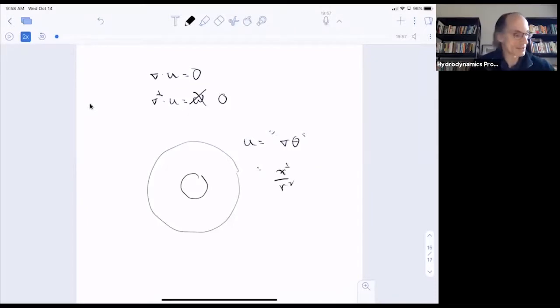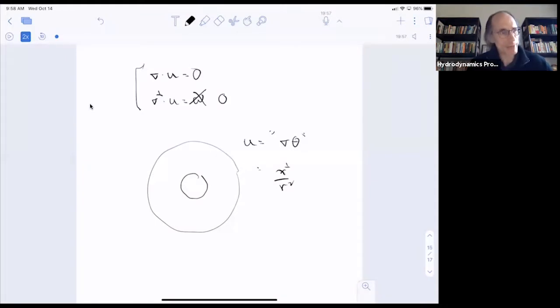This function satisfies this system, but it's not the gradient of anything. This function is a non-zero solution to the system. And so on non-simply connected domains we can solve for the velocity field, but the vorticity doesn't uniquely determine the velocity field.